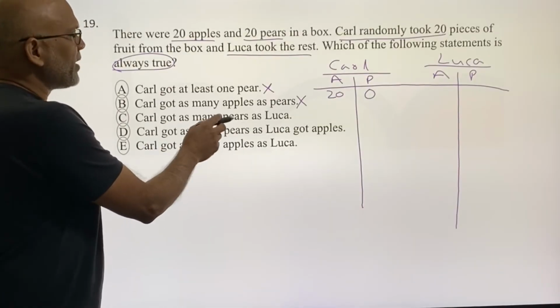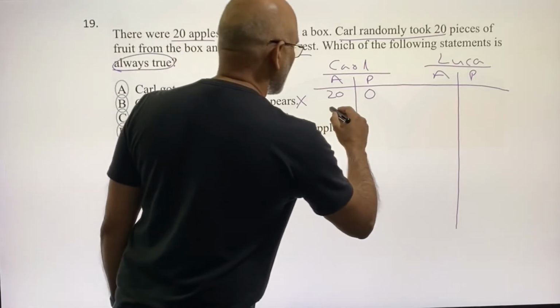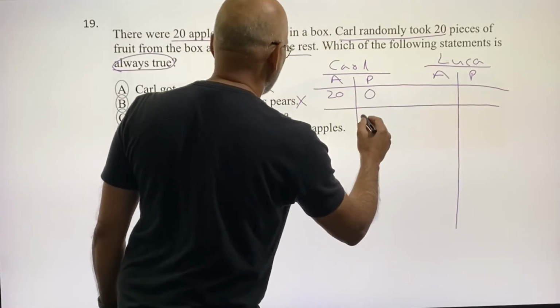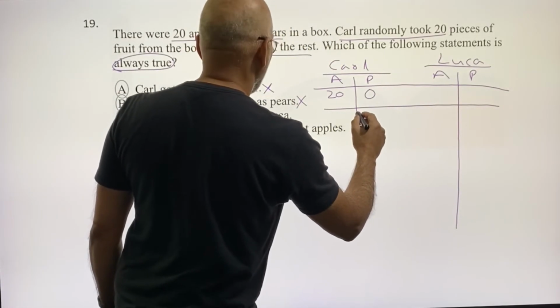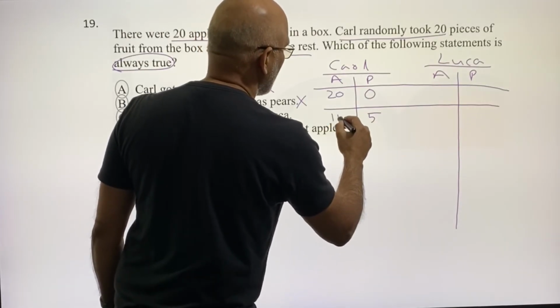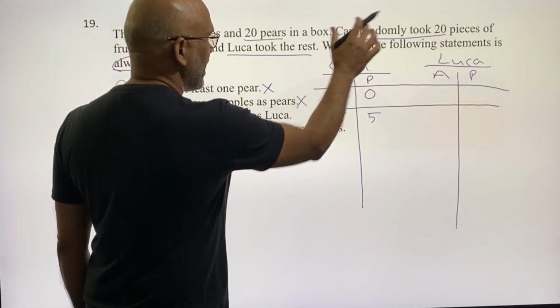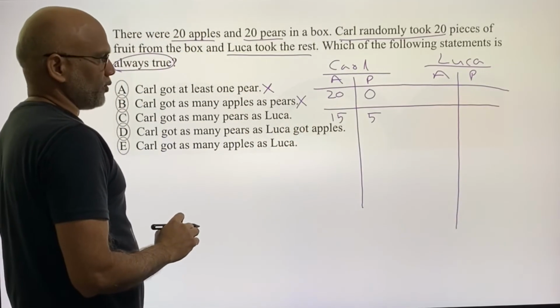Carl got as many pears as Luca. All right, so let me take another example here. Let's say Carl got 5 pears. So he would have gotten 15 apples because 15 plus 5 is 20 and he had picked 20 fruits.